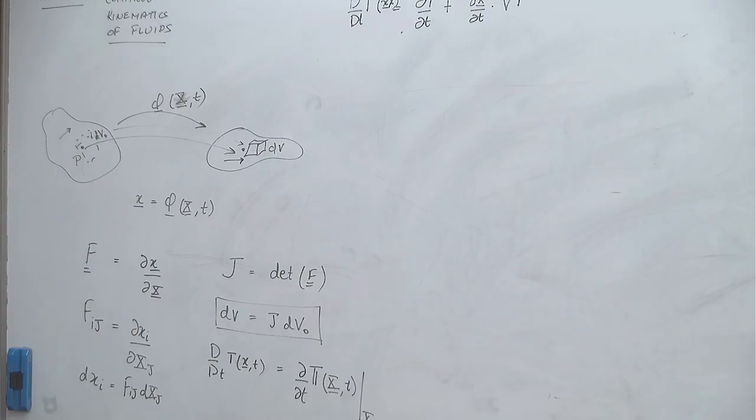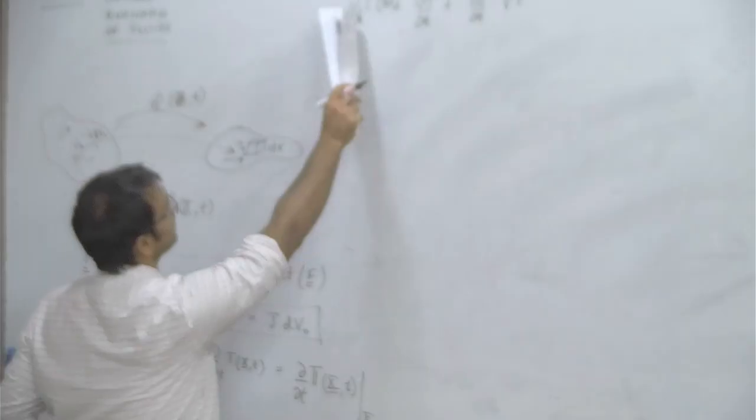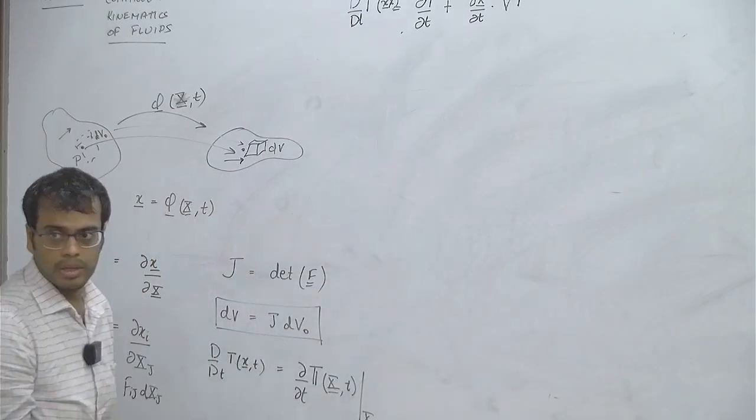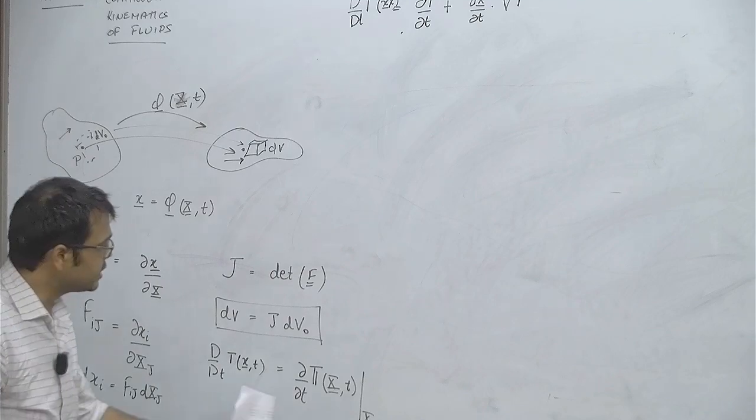So when we are differentiating it in time, keeping the capital X constant, we have to differentiate the second argument, the first argument, we have to take both. Okay, because both first and second argument can change. The only thing that doesn't change is capital X.